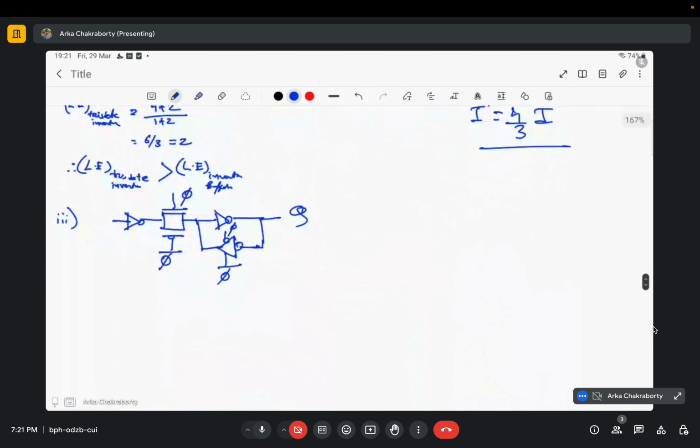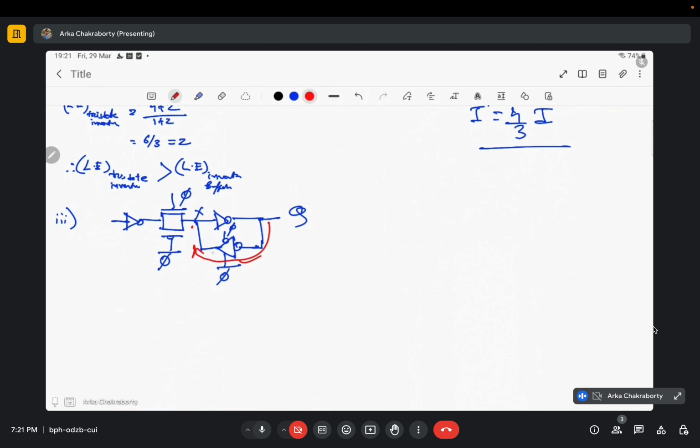See now whether output is static or not. First question. Yes, output is static. Why? If there is any leakage from X, if there is any leakage from here, this tri-state mux, what will it do?